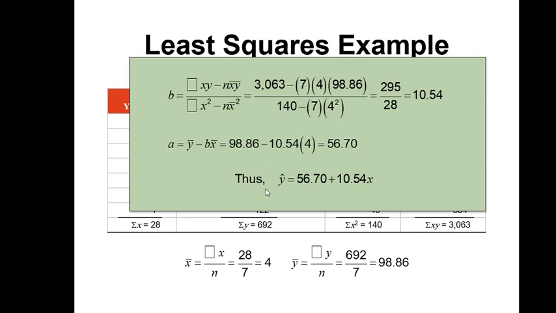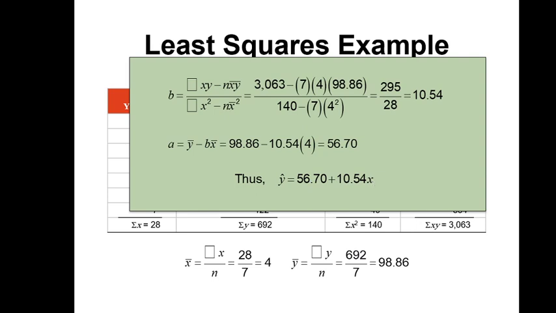Now let's go back to our regression equation and substitute the values of A and B. A is 56.70 plus B, which is 10.54, multiplied by X. Now we have to forecast the sales or demand of electricity for the next period. As I told you, X here, the independent variable in the trend projection, is always time.